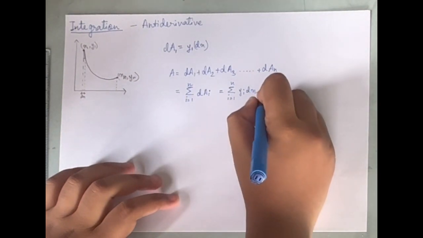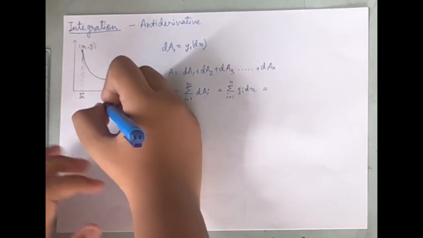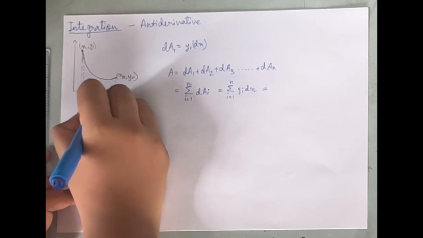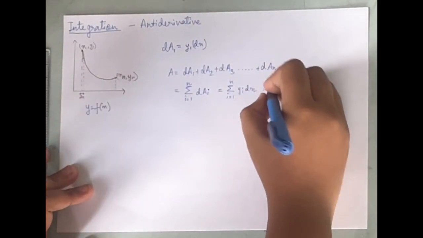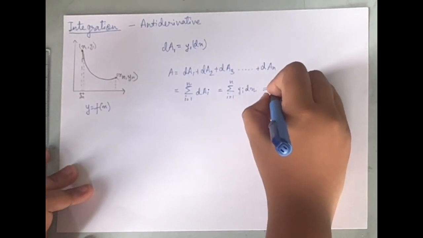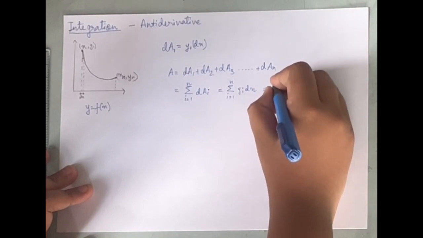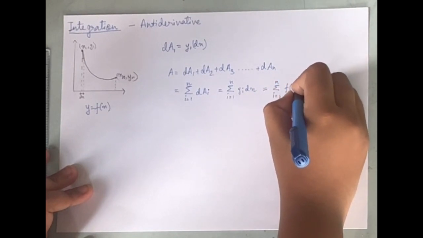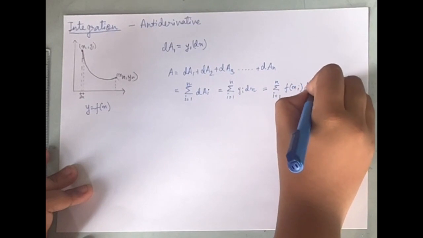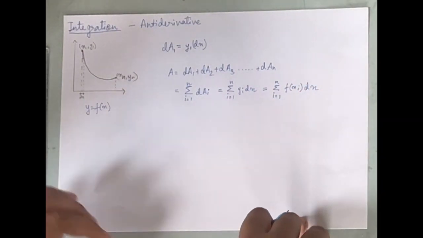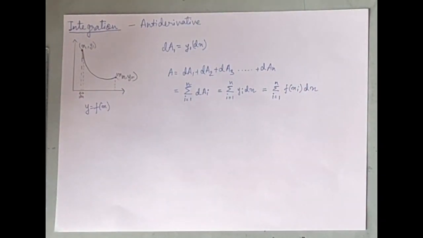So we can write the summation i equal to 1 to n of f(xi) dx.